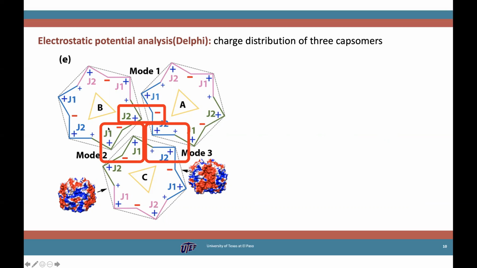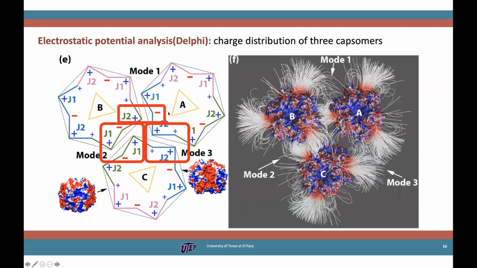If you compare the interaction of B and C, you will see strong negative, strong positive, strong positive, strong negative. So the total interaction should be strongly attractive. And between A and C, it's positive, positive, positive, positive. So that's repelling forces. So the entire binding force could be divided into three types: mode 1, mode 2, and mode 3.